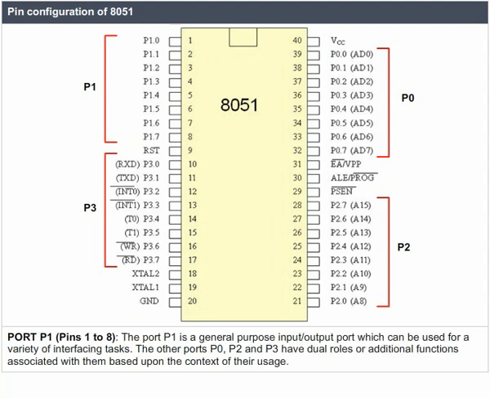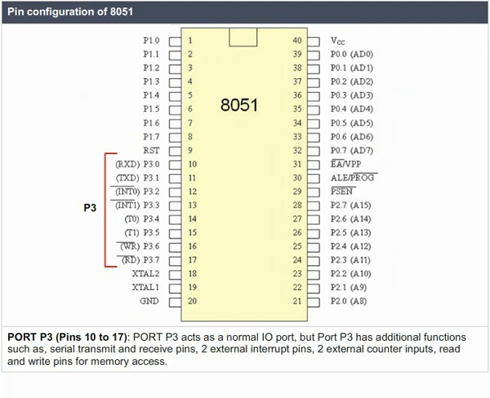Port P1, pins 1 to 8. The port P1 is a general purpose input-output port which can be used for a variety of interfacing tasks. The other ports P0, P2 and P3 have dual roles or additional functions associated with them based upon the context of their usage.